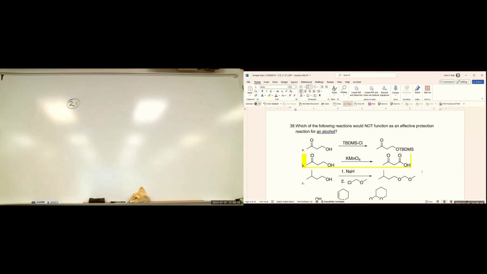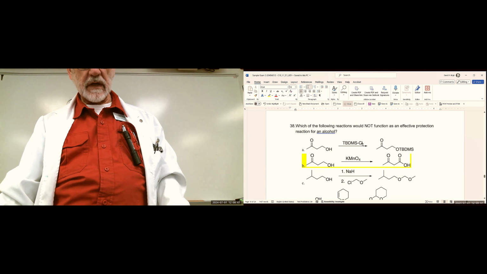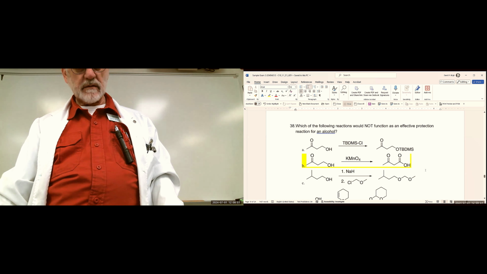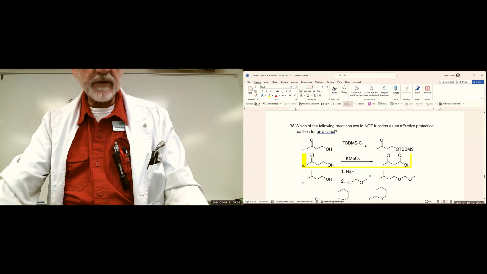Here we go. Let's see, which would not serve as an effective protectant? TBDMS, we looked at that one just recently. So that would protect the alcohol. Okay, this is obvious. TBDMS for the first one.